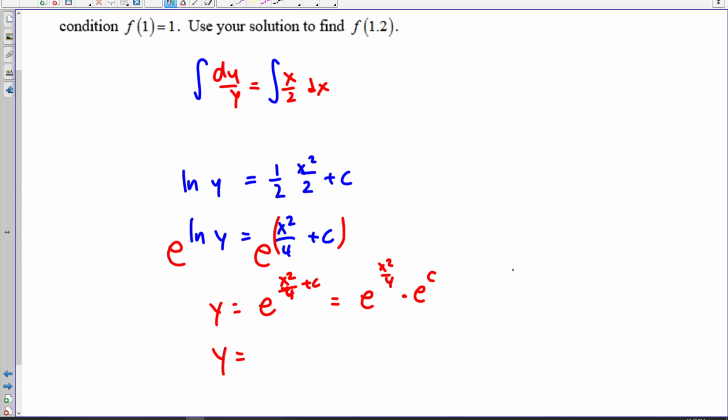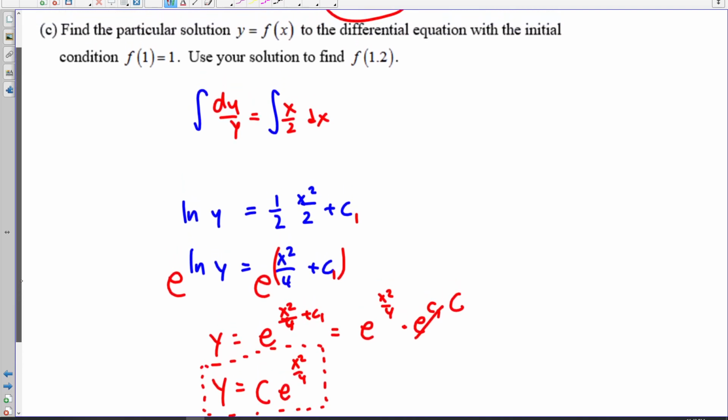Remember that. And because of that, this is really just some other c. So I'm going to call these all c1s, and I'm going to call this c, some other c. So this is going to be c times e to the x squared over 4, okay? And this is my answer, except that if I have an initial condition, I am able to find c.